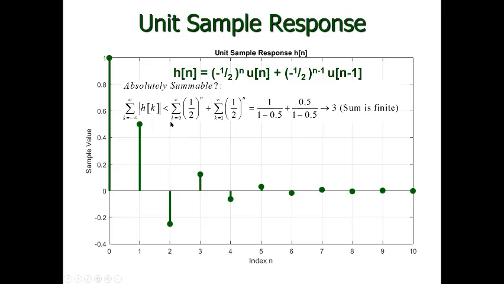But we can say that the magnitude of the sum of these has to be smaller than the magnitude of the first plus the magnitude of the second. And if we use our series formulas to see what these series sum to, they're both finite series, and so we get a finite sum. So both from the roots of the characteristic equation and the summability of the unit sample response, this system is stable.